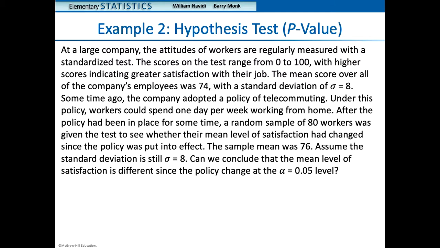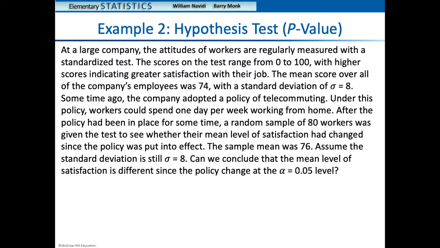Some time ago, the company adopted a policy of telecommuting. Under this policy, workers could spend 1 day per week working from home. After the policy had been in place for some time, a random sample of 80 workers was given the test to see whether their mean level of satisfaction had changed since the policy was put into effect.